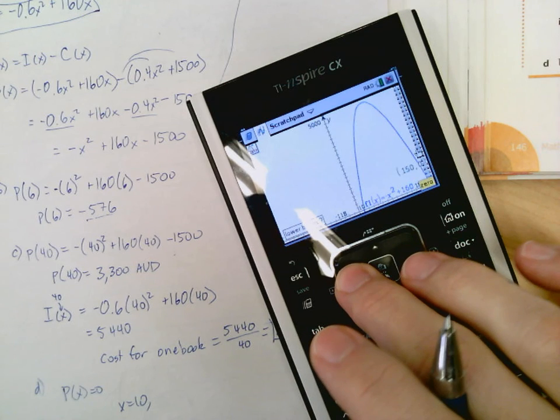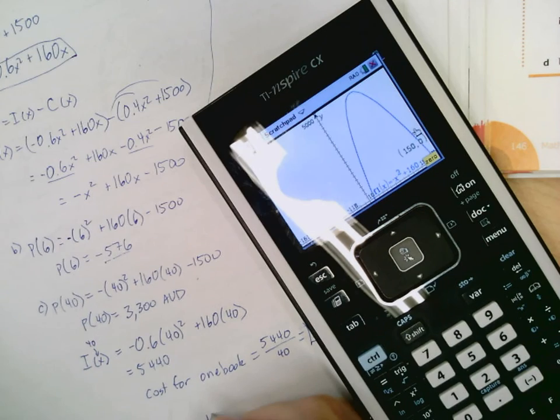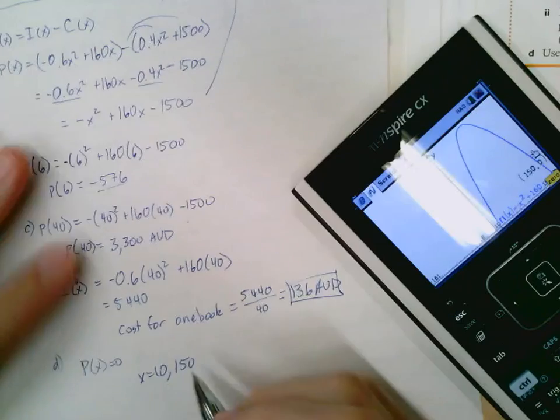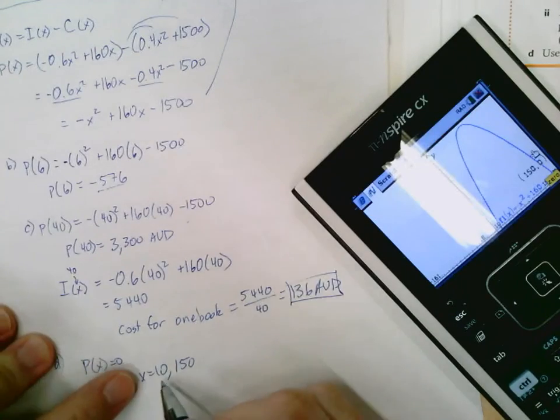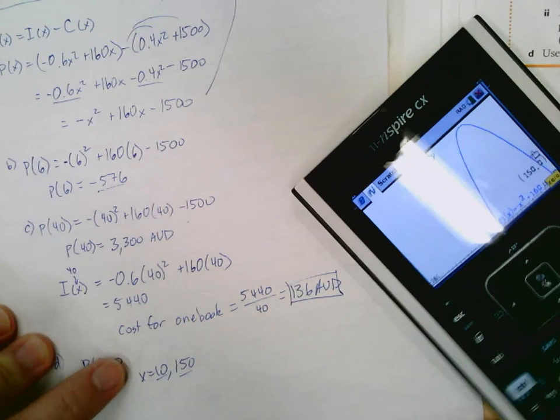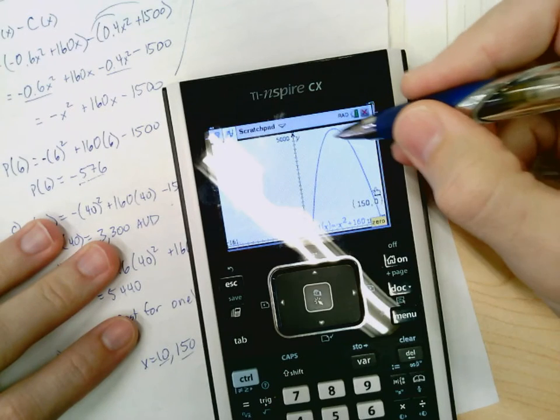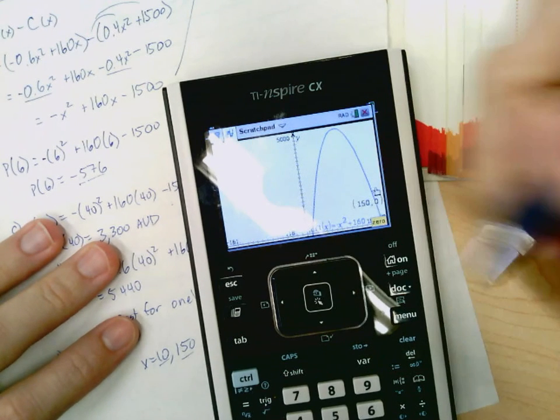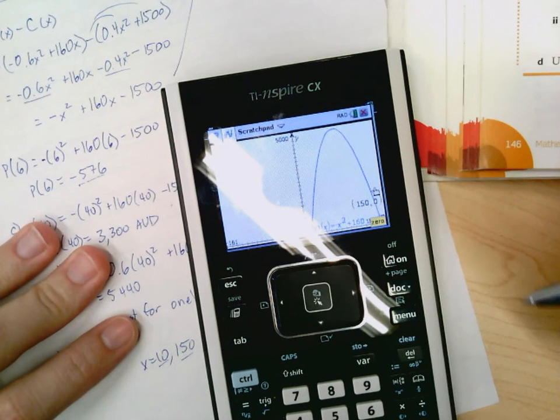Oh, it gives me 150. So there are two X values that give me 0 profit, and that would be 10 books or 150 books. Anything between 10 and 150 is okay, because that means I make money, and money is good. All right, so that's the end of this question.